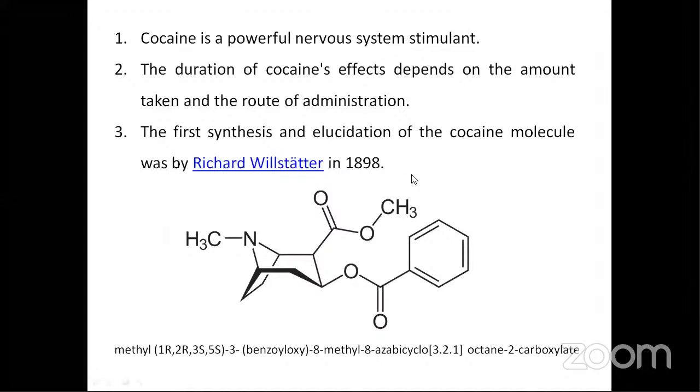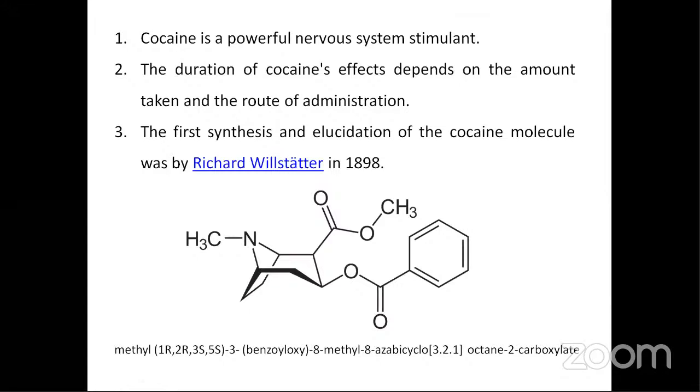The first synthesis and elucidation of the cocaine molecule was given by Richard Willstätter in 1898. The structure of this molecule was confirmed by the scientist in 1898.